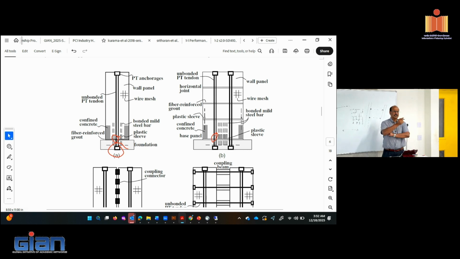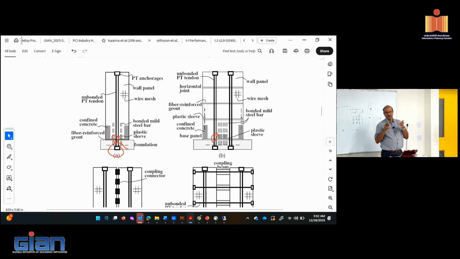One of the other things, in a cast in place situation, you have to have confinement at the base of the critical region, whether it's the base of the column, base of the wall, or the end of the beam, so that the plastification can successfully develop with large inelastic concrete compressive strain developing.